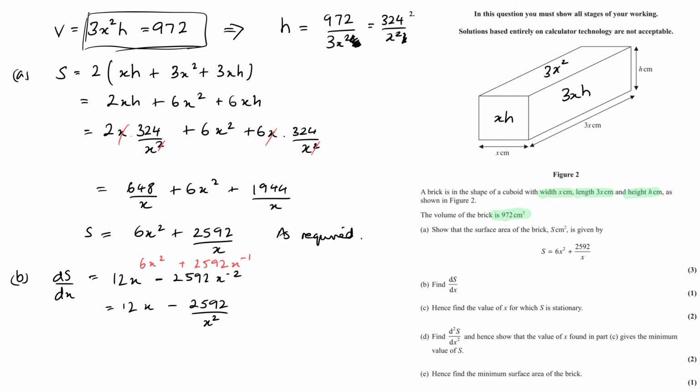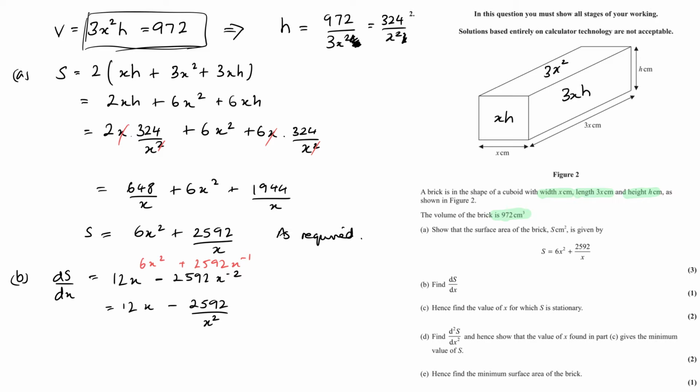Okay, and then part C, hence, so it means using our answer from the previous part, find the value of x for which s is stationary. So if it's stationary, it's going to have a gradient of 0, isn't it? So it is when ds by dx equals 0.